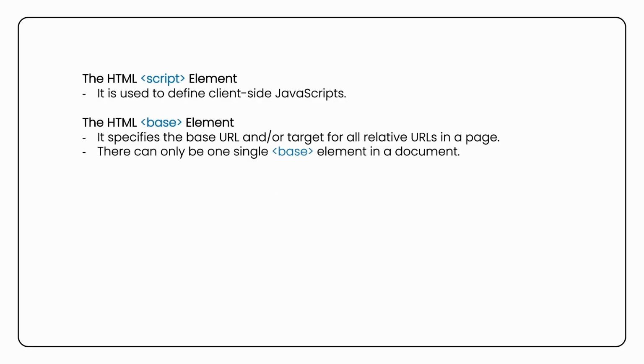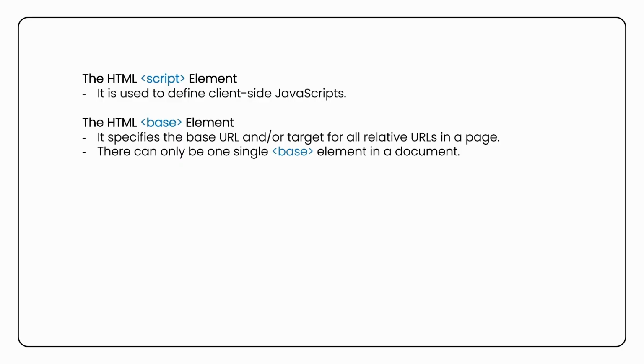So to recap what we have done so far, firstly we have learned what the head element is and how to use it, then the title element, which is required and defines the title of the document or the web page, then the style element, which is most often used to define style information for a single document, then the link element, which is most often used to link external style sheets and to add a favicon icon to our web page.